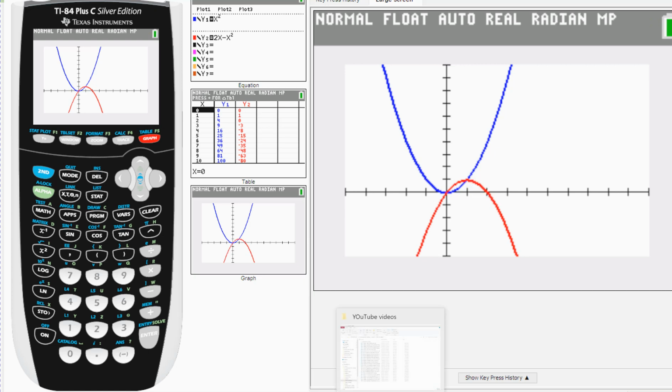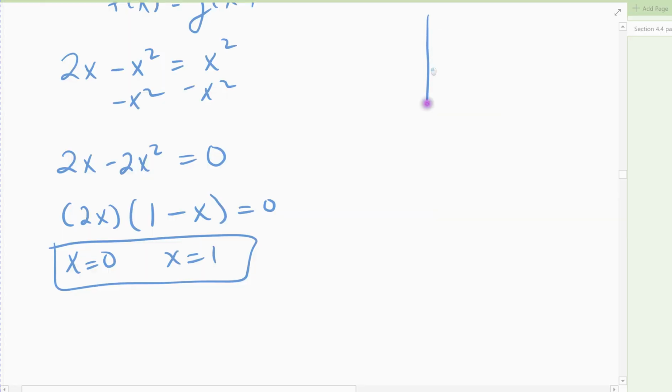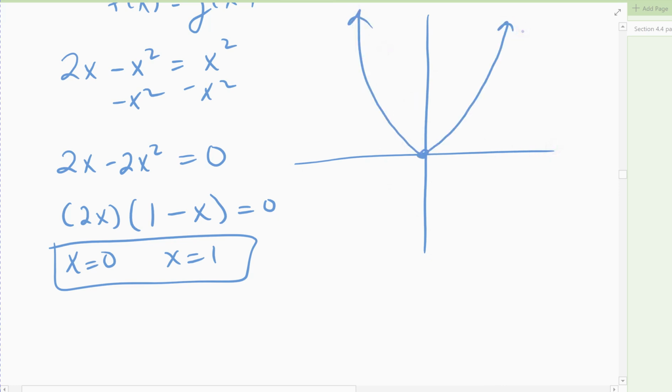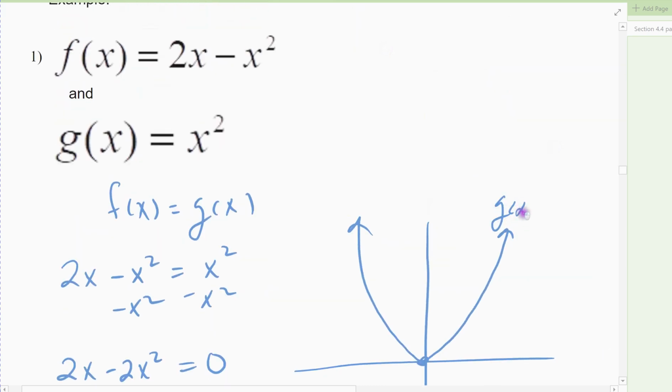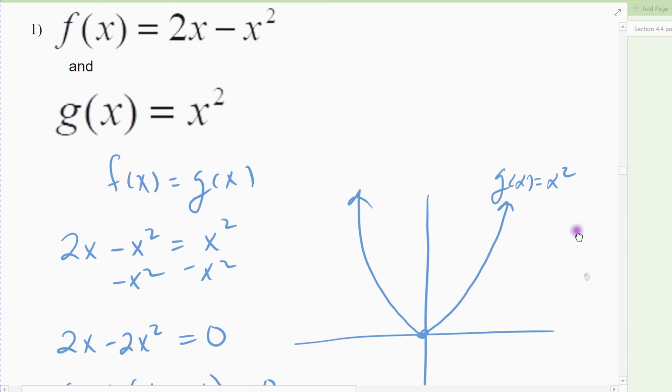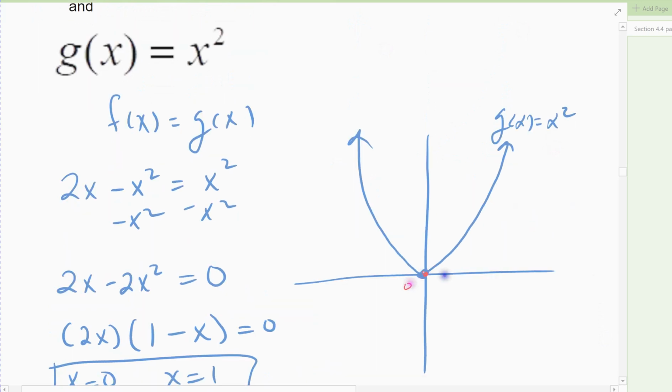If I put this in my notes, again, my graph, this would be my x squared function, which was g of x. And then in red, I'm going to do my f of x. They intersect here at 0 and 1. This function comes up and intersects there at 0 and 1. There's my f of x function, which is 2x minus x squared.